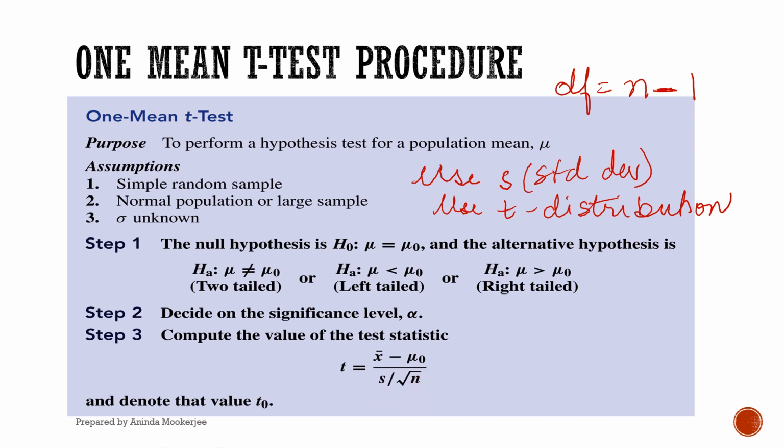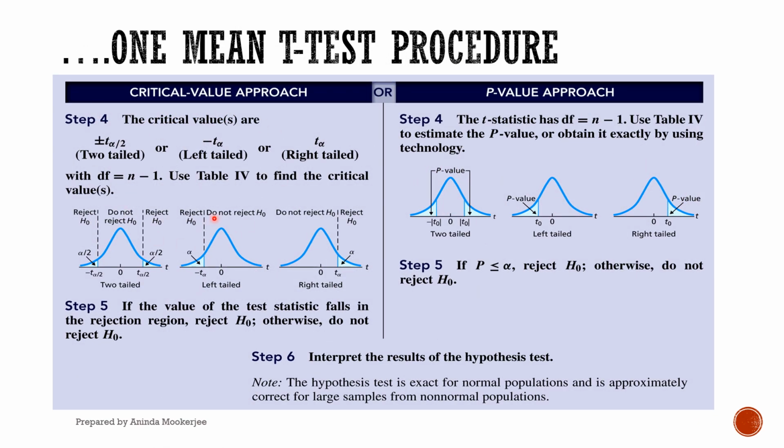And then in step 4, we use the two approaches, the critical value approach and the p-value approach, but we refer to the t-table instead of the z-table. It says here to use table 4, but this is actually the t-table that we must be using.